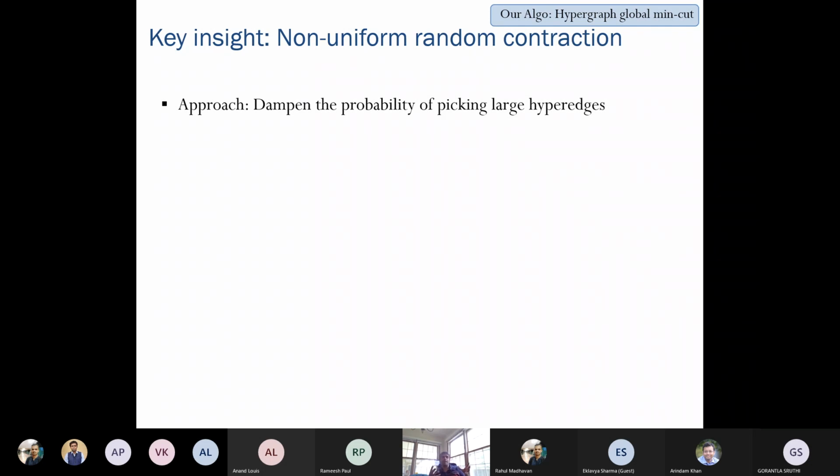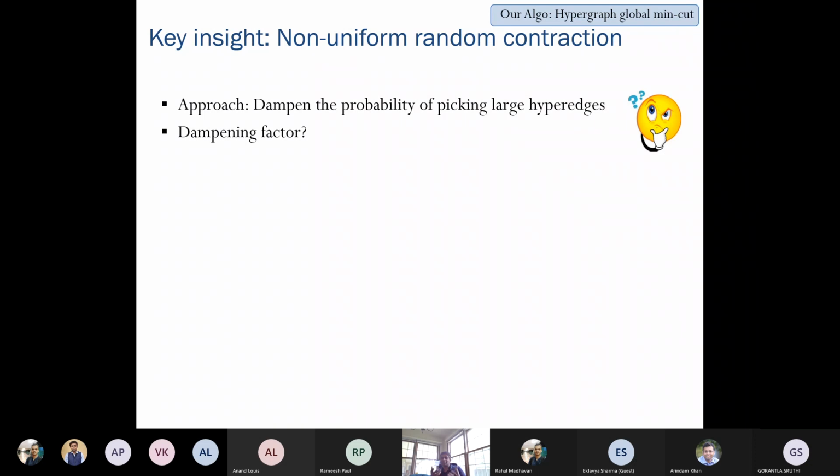You don't want to pick large hyperedges with the same probability as small hyperedges. Picking them with the same probability leads to a higher chance of making a mistake, contracting large hyperedges. So you want to dampen the probability of picking large hyperedges. This is the approach. So how do we dampen?